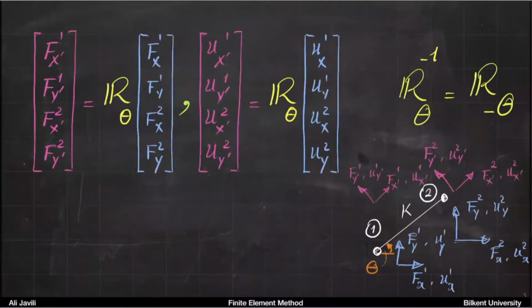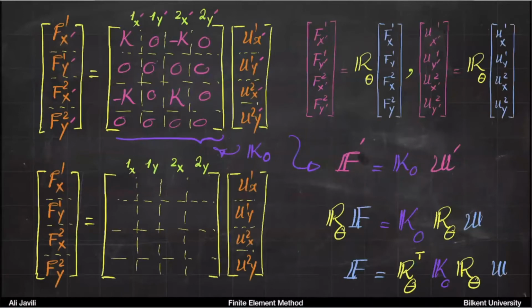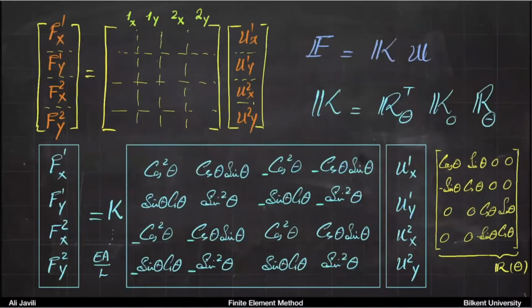It would rotate forces and displacements similarly. And then if you introduce that to your system, you end up with something like this. Now, this would be your stiffness matrix for that system that we talked about. So this would be your rotation matrix.